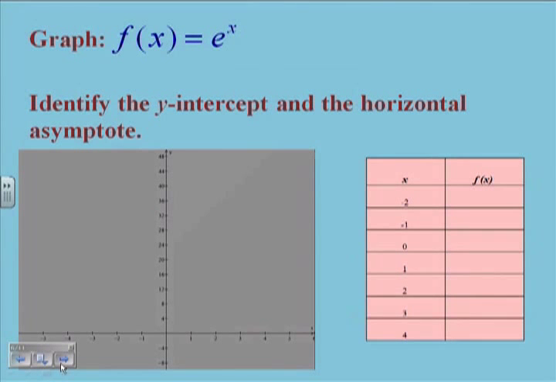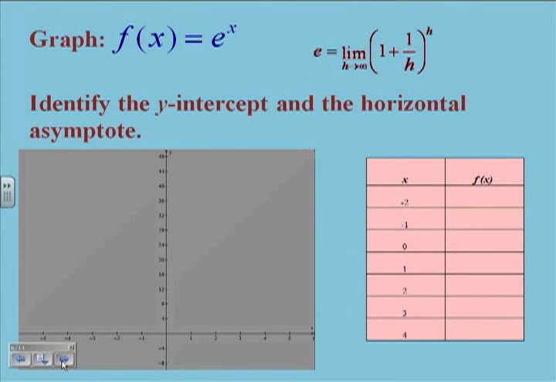What is e? Well, just for fun, I decided to go ahead and give you the definition of e. E means that if you take 1 plus 1 over h raised to the h power and you let h get huge, that's what e happens to be equal to.